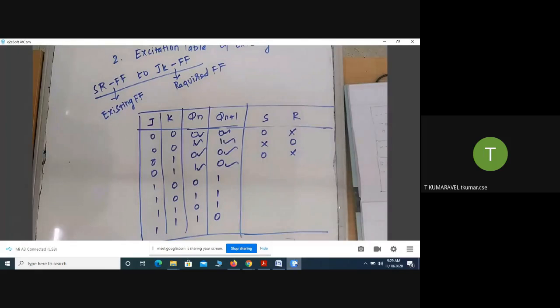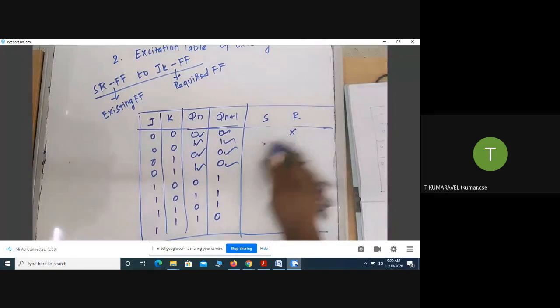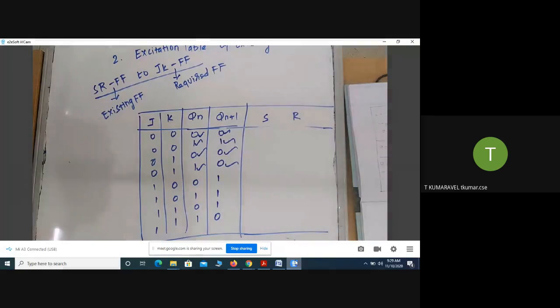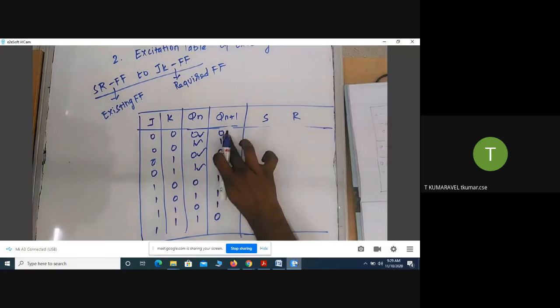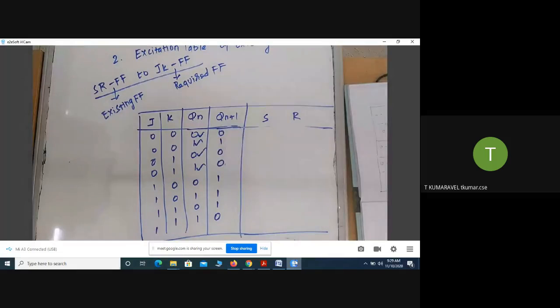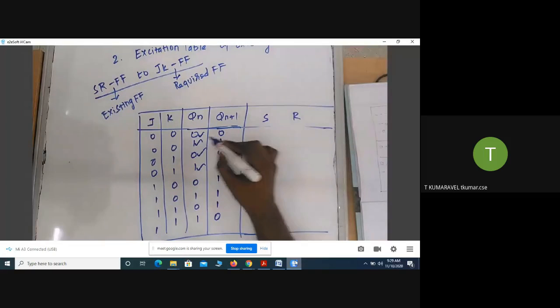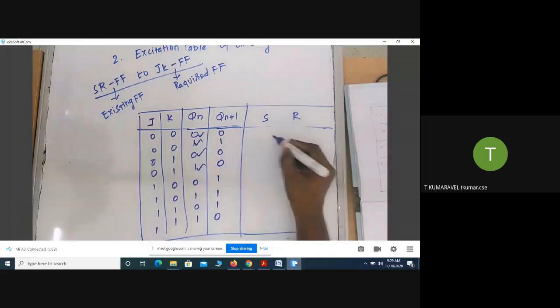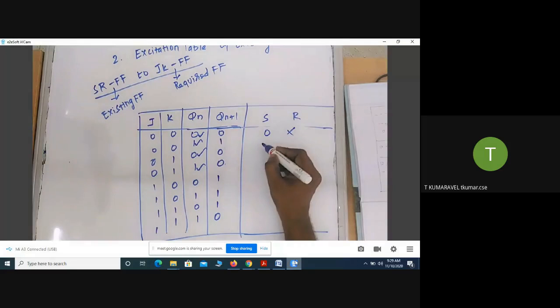Sorry, I wrongly filled up the table. 0 0 means 0 X. 1 1 means X 0.